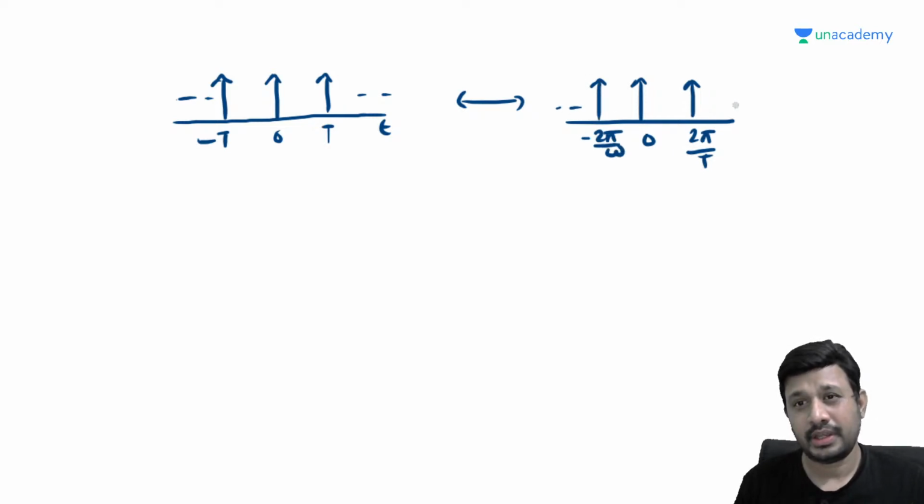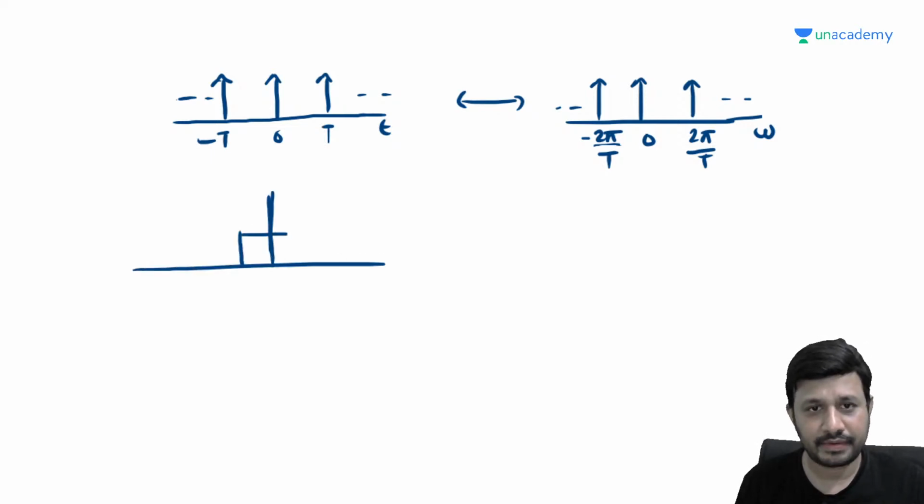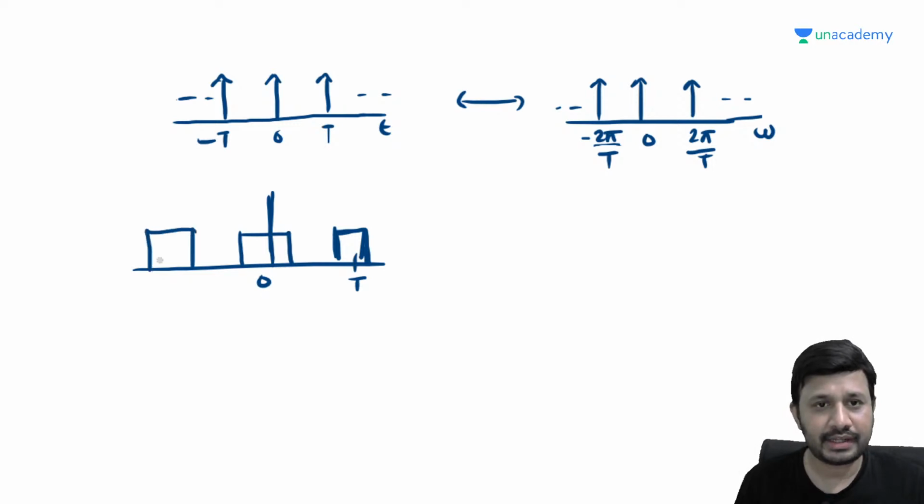So in frequency domain, if we have periodic nature, it must be reflected in time domain also. Suppose if I take a pulse train like this.